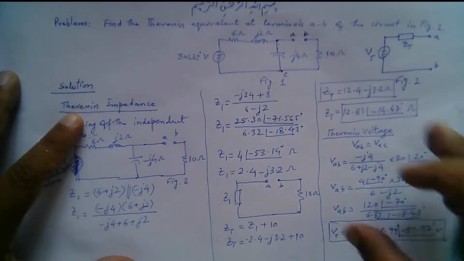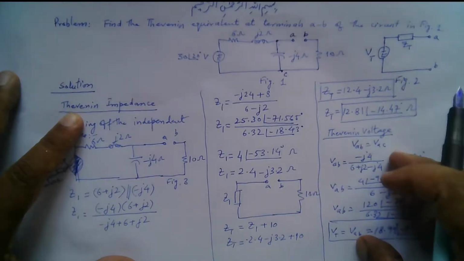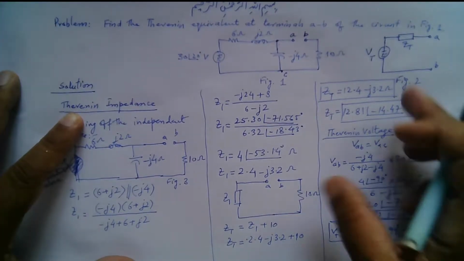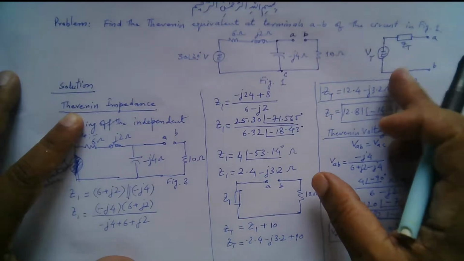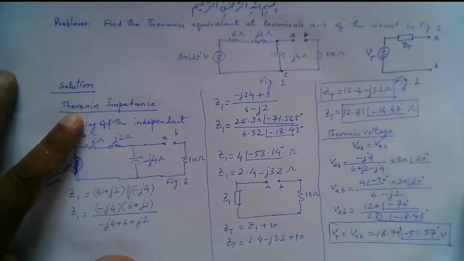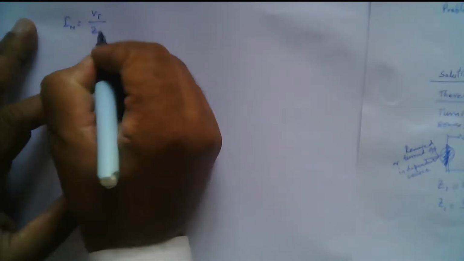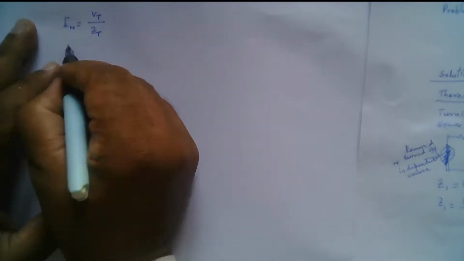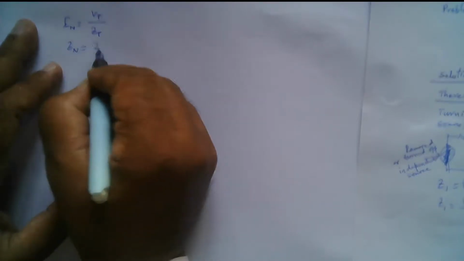We can find the Norton equivalent circuit from this Thevenin equivalent circuit also. What we need to do is just apply source transformation here. So the Norton current, for example, is given by I Norton equals V Thevenin divided by Z Thevenin, right? And Z Norton will be the same as the Z Thevenin.